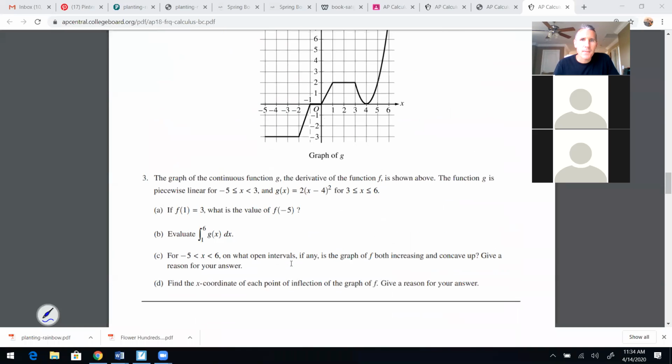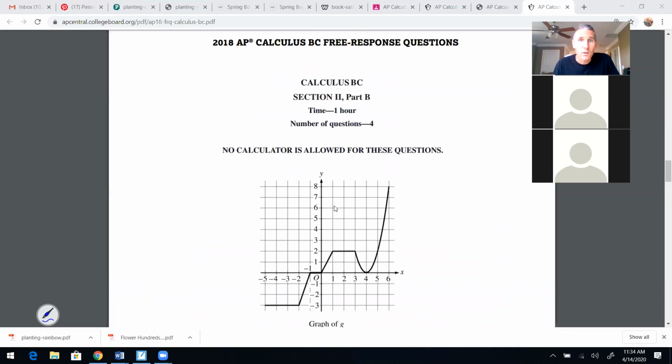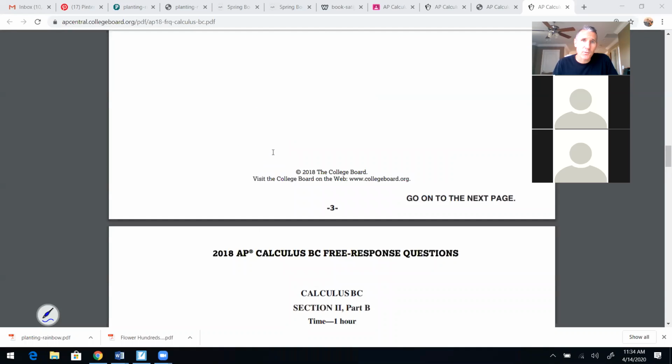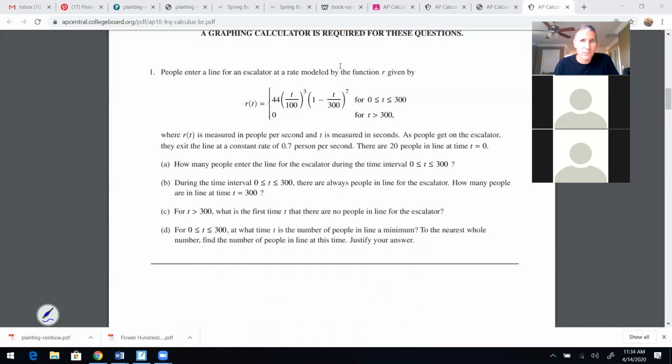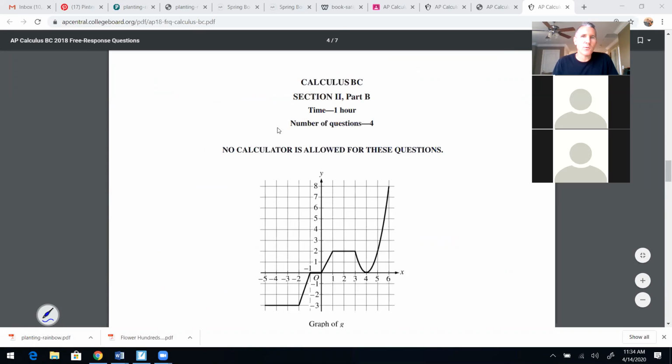Problem 3. They give us this graph, and this is the graph of G. So, by the way, for the first one, you can use calculators, but for 3 and 4, there are no calculators.